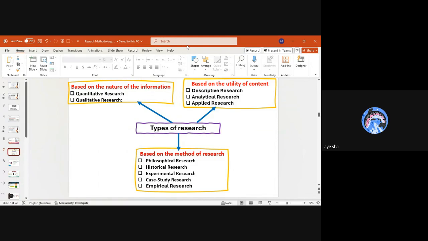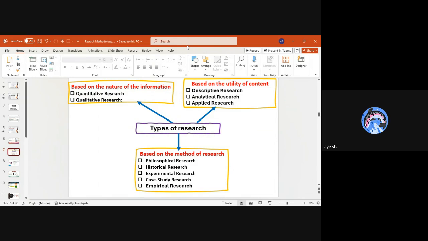For example, you are conducting a survey because you want to assess the biodiversity or the species living in a particular area, or the population of the different animals living there, and then you will describe in your research what types of species are present, what type of predator-prey relationship is going on, and what type of food chain is going on. That would be descriptive research.